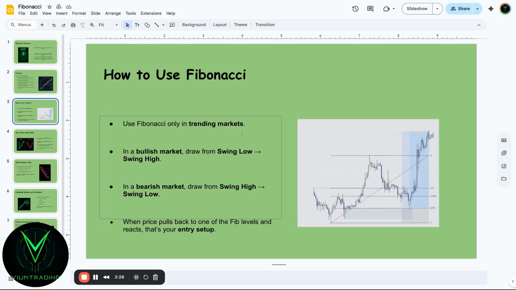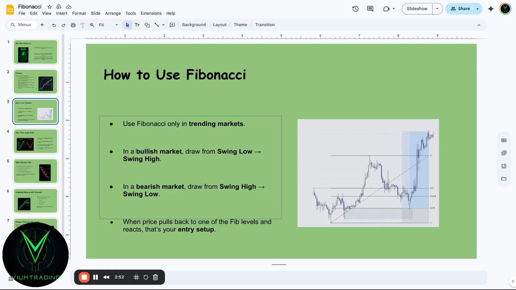We use Fibonacci only when there's volume, when the volume is about to come. And you guys learned in a past video, when volume comes, when there's volatility, when there's the overlap of the sessions, you usually want to look at those movements to start placing your Fibonacci.